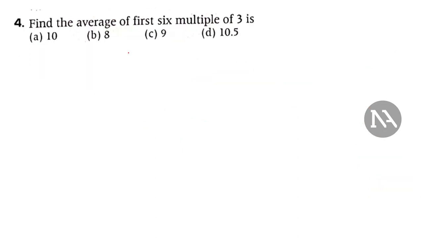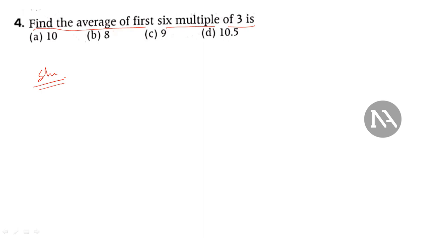Option B. Next question. Find the average of first 6 multiples of 3. So here we have a formula. Already I told you the formula in the theory section.